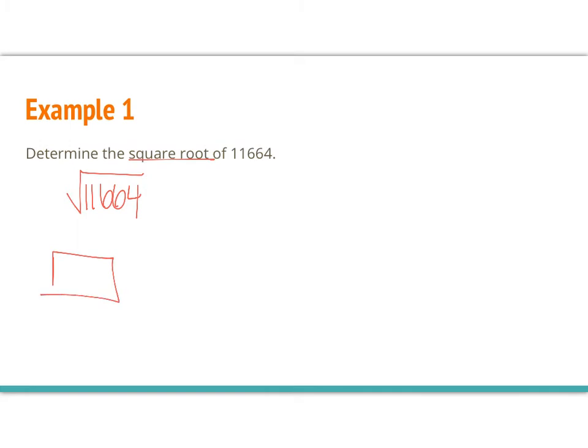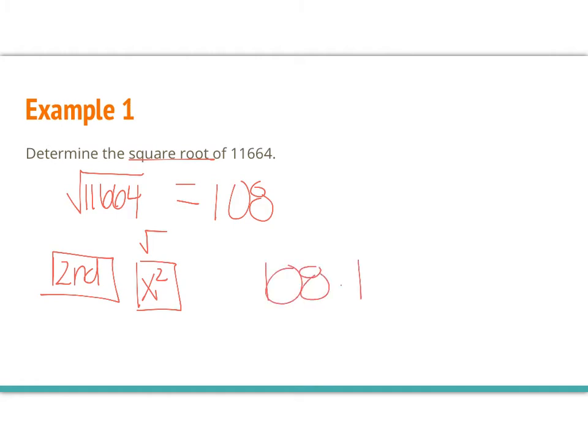If you have a TI, you're going to press second, the yellow button, and it's x squared because you're going to access what's above it in yellow, and that should put a square root into your calculator. Now, when you calculate this out, we get 108. So the square root of 11,664 is 108. This means that 108 times 108 will equal 11,664.